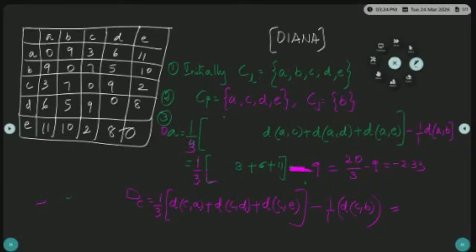All are negative. All dissimilarities of data points are negative. So we stop and form clusters Ci and Cj. How many clusters are formed here? Two clusters, Ci and Cj.